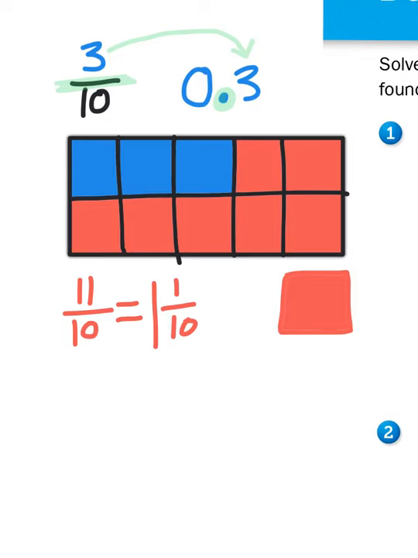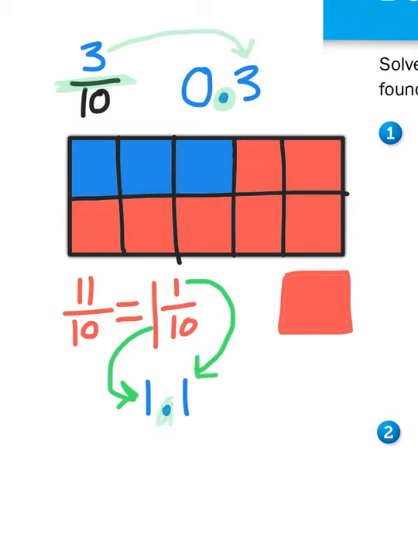Now, to represent that as a decimal value, I would write it like this, 1.1. And again, what I'm doing here is I'm taking my whole number and I'm putting it to the left of the decimal. And then I'm going to put my fractional part, the numerator, to the right of the decimal.